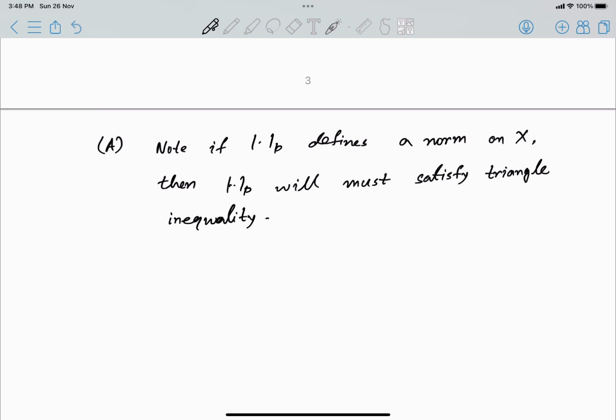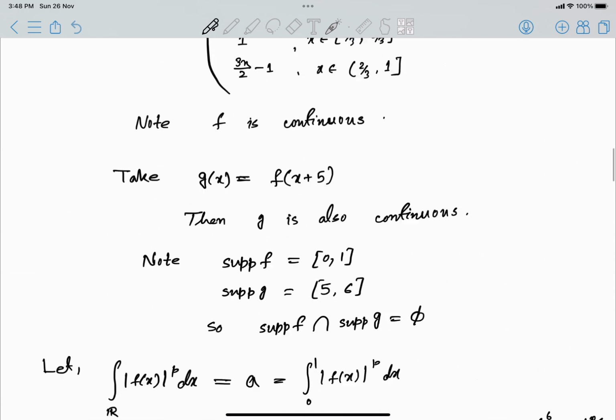But as this does not satisfy it, so by option B, A is also not true. A is also not true because it does not satisfy the triangle inequality. So options A and B are false.